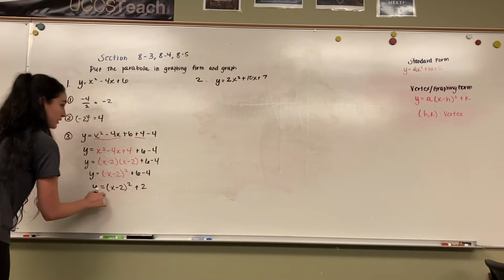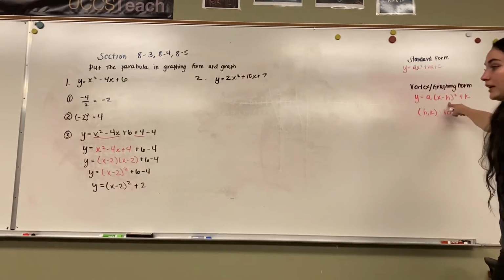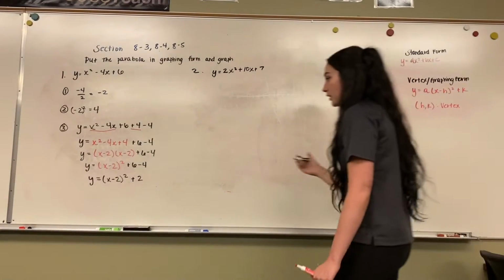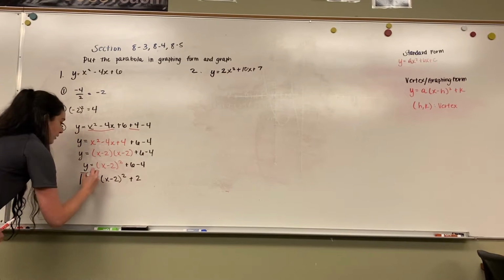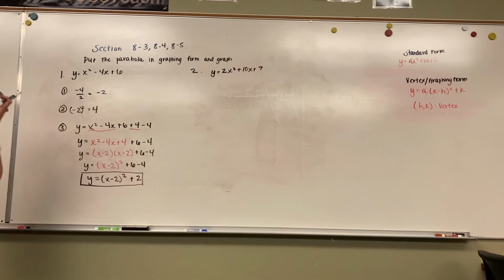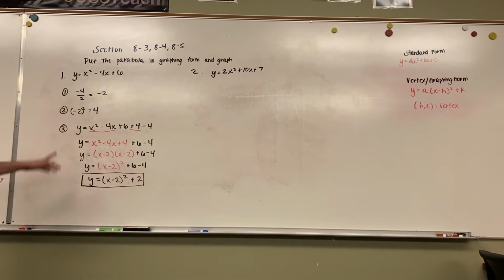There's nothing here, so it means our a is 1. Our h is 2, because our minus is in the equation, and our k is 2. So I'm going to stop here, but if you need help graphing this parabola, just go re-watch. I think it was section 8.2 where I graphed it from vertex form. So now we're in vertex form and we can graph.